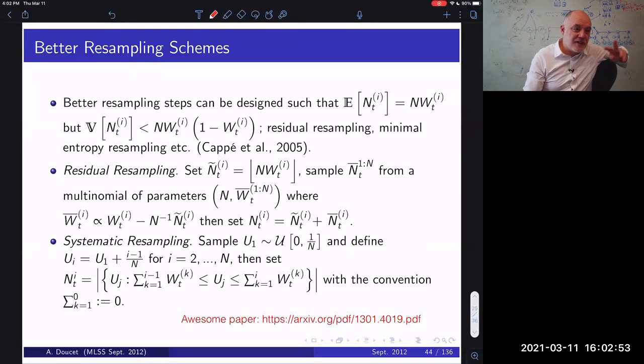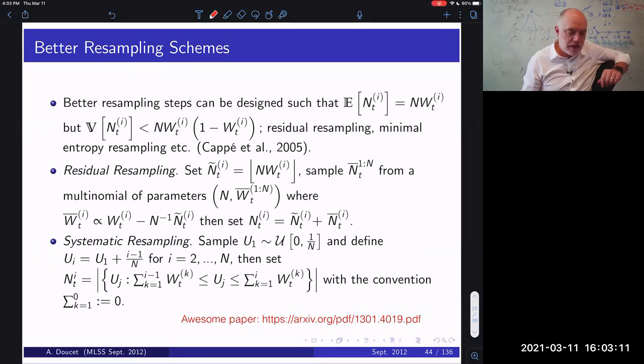We could also spend an entire lecture or half of a term on better resampling schemes for sequential Monte Carlo. I'll just name a couple. There's a bunch of them. I spent a bunch of time doing this work, and I don't think at the end of the day it's all that important.